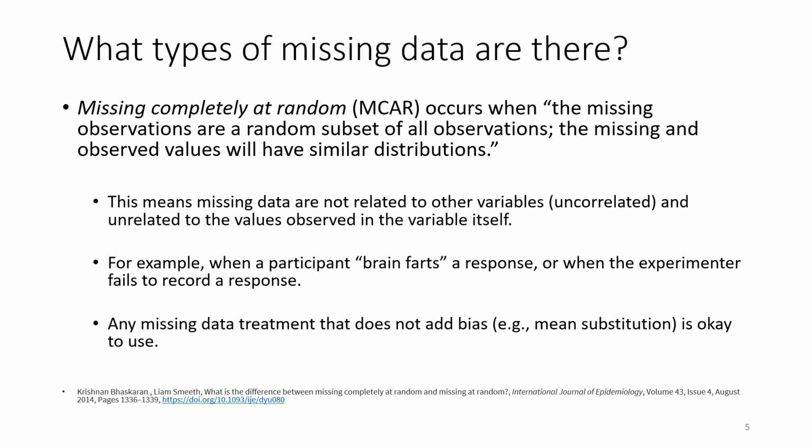So truly random occurrences that cause missing data. For data that fit this assumption, any missing data treatment that does not add bias, such as mean substitution, is okay to use.